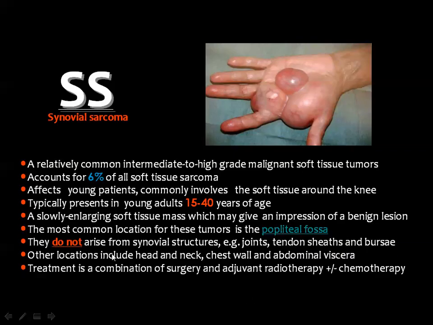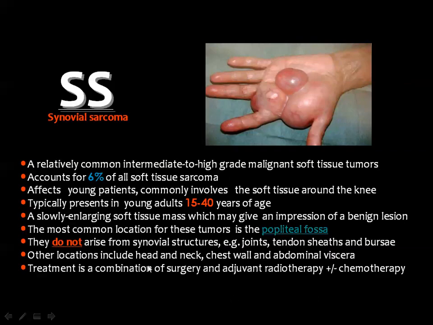They do not arise from the synovial structures. The name synovial sarcoma is a misnomer like rhabdomyosarcoma. Rhabdomyosarcoma does not arise from the striated muscles, but it differentiates into what looks like striated muscle, and this tumor has the same appearance.